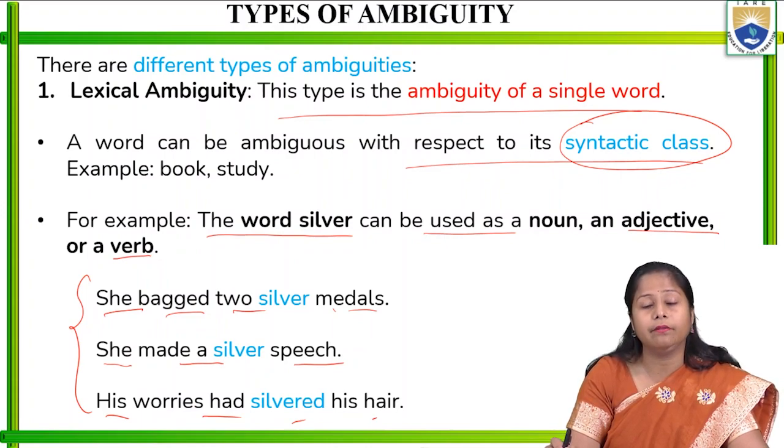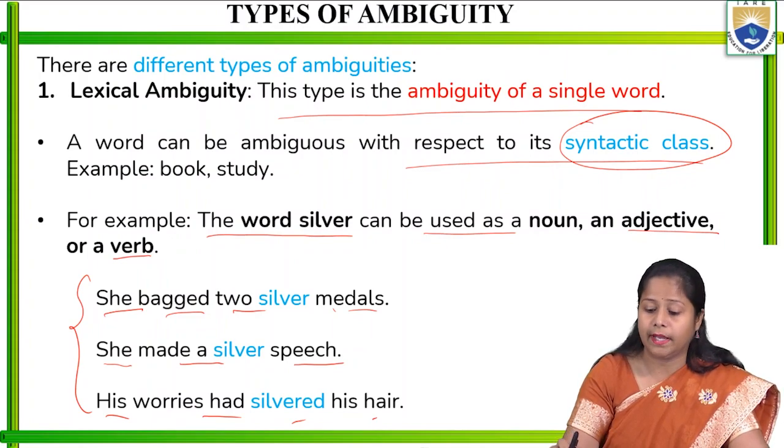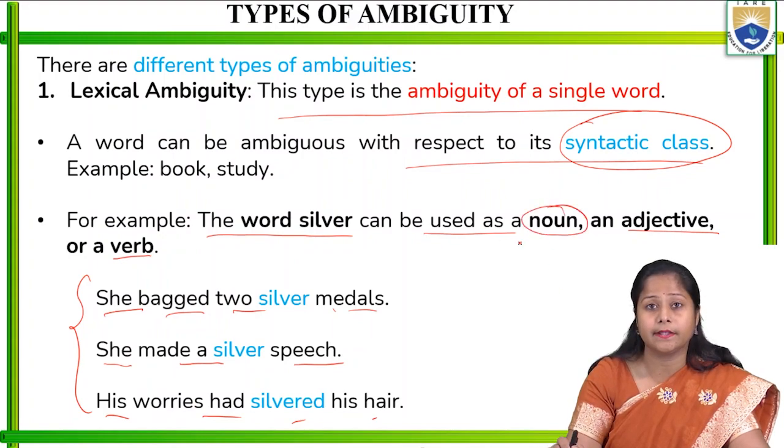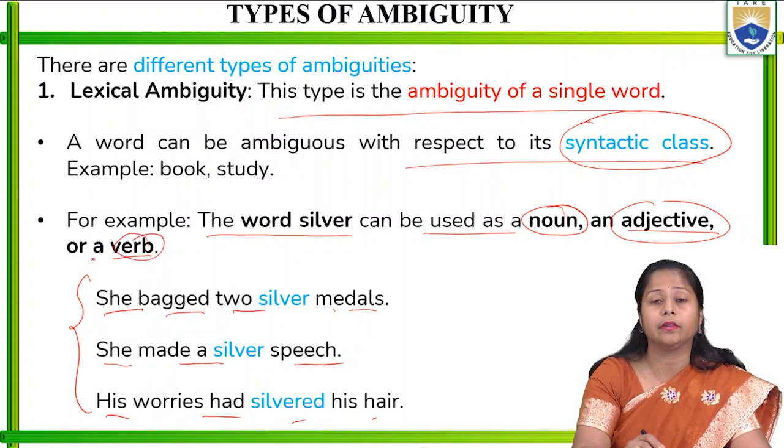So when we do disambiguation, if we want to remove this ambiguity, the same words repeating at more than one place, then we need to classify them. The classification can be done with POS tagging. So we can put it as a noun, an adjective, a verb, like those.